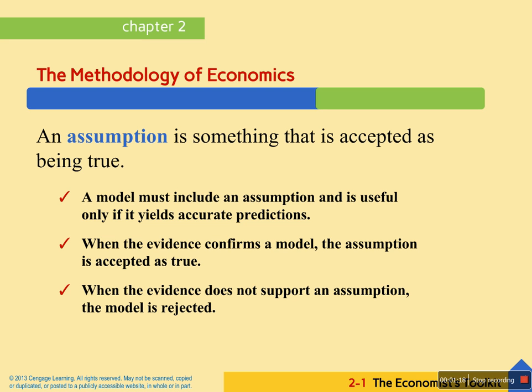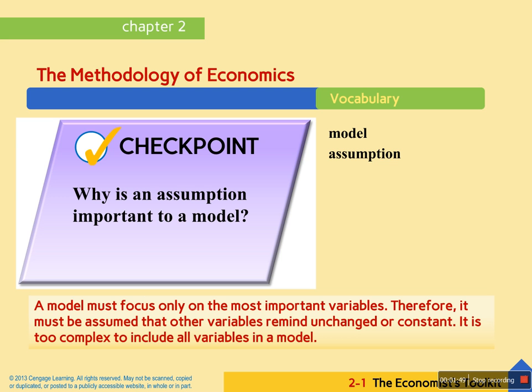And you could draw a model using airplane travel and oil prices. Those are the two variables. Everything else remains constant. Now, if you go through this study and in the end, the evidence confirms this model, then the assumption is accepted as true. However, if you go through the evidence and it does not support your assumption, then the model is thus rejected as not being true.